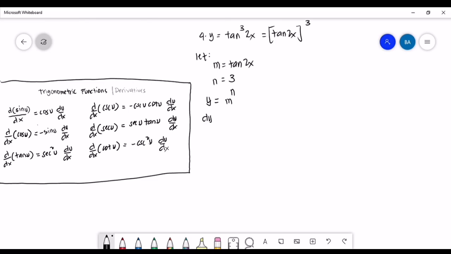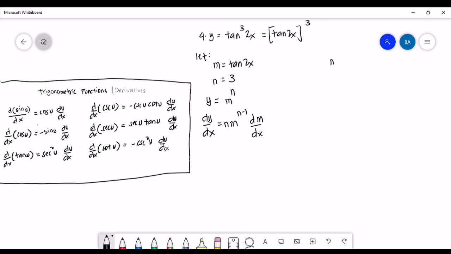And we know that the derivative of y with respect to x, wherein y is equal to m raised to n, is n times m raised to n minus 1, times the derivative of m with respect to x. So since our m is tangent 2x, to find the dm with respect to x, let's try to extract this one.